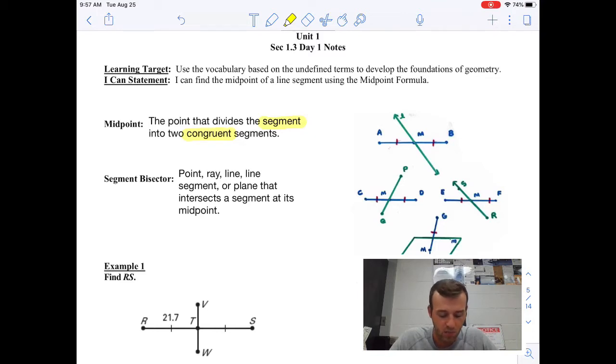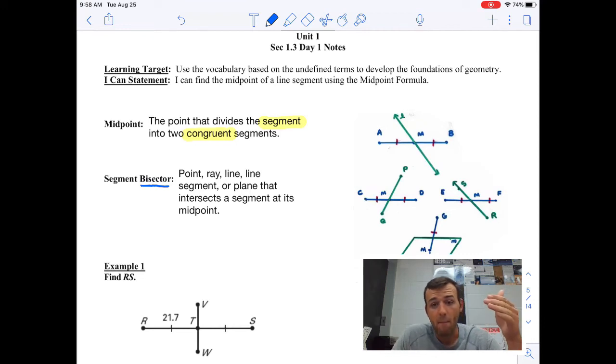But before that, let's talk about our set one, segment bisector. Segment bisector, and I underlined the bisector part. Before I talk about what that means, I want to talk about what a segment bisector is, and we'll see if we can figure it out. A segment bisector is a point, ray, line segment, or plane that intersects a segment at its midpoint.